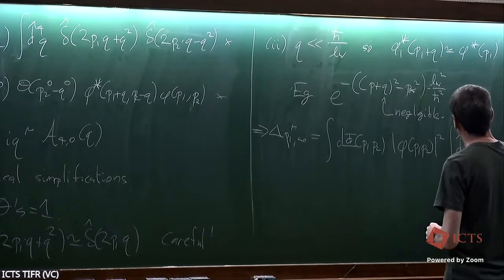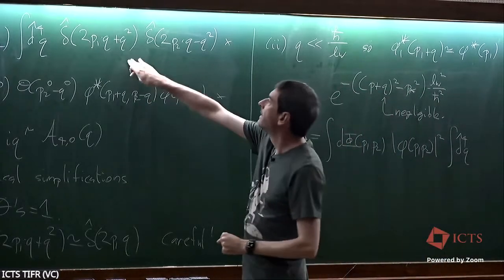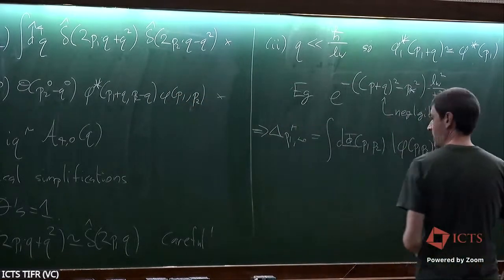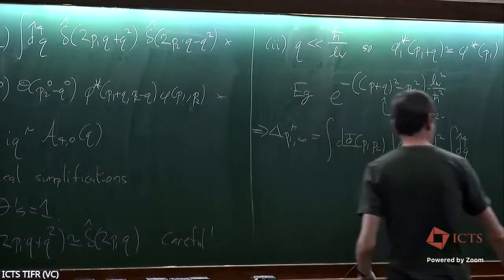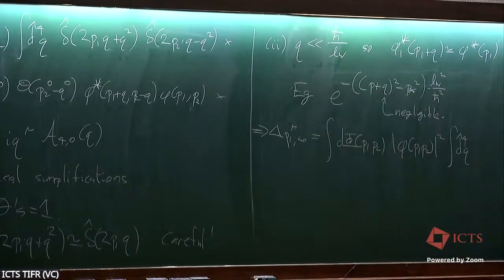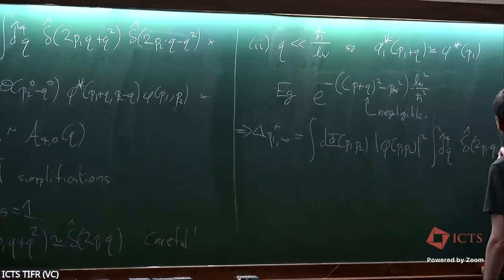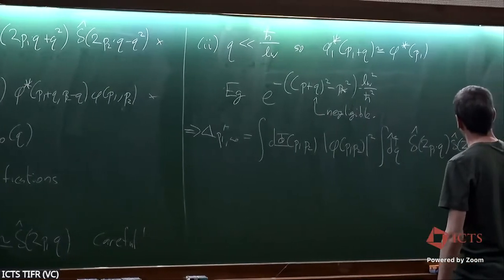There is still this q integral here. Now these delta functions have simplified. Maybe I'll give myself a little bit more space now. I don't need these wave packets here anymore. d4q delta 2p1 dot q delta 2p2 dot q.